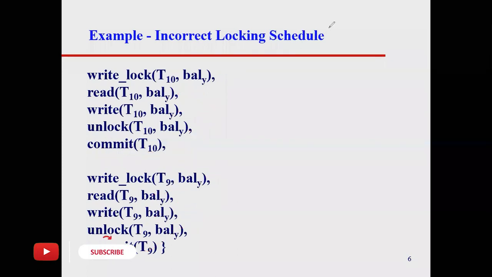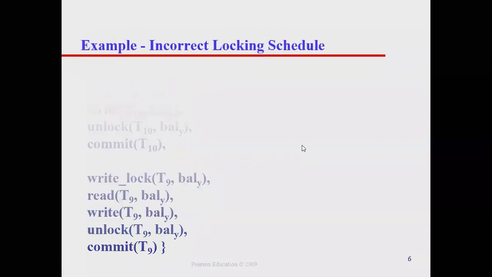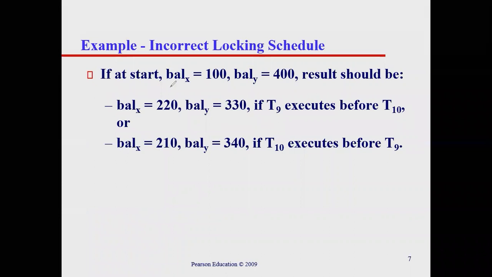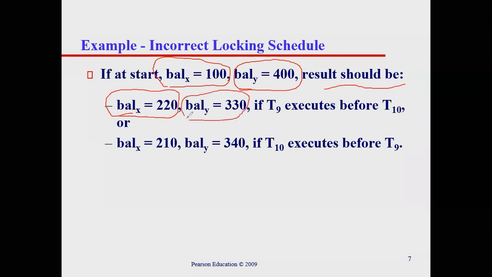So what is the problem then? The question comes to my mind. If we start with balance X and balance Y as these two, what should the result be? Balance X is, for example, 220, let's suppose, and balance Y is 330, if T9 executes before T10.